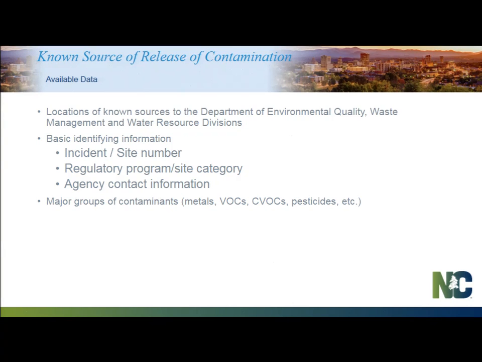And the final thing was we wanted to sort of group those into major groups of contaminants to be used to recommend further water sampling. So if you needed to maybe be more curious about metals based on the release or VOCs or pesticides, et cetera, okay?